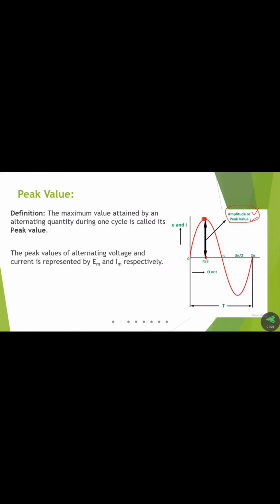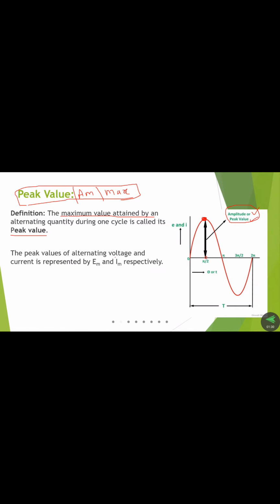For a simple definition, the maximum value attained by an alternating quantity during one half cycle is called a peak value. Confusing over peak value, amplitude or maximum value? These three are the same. There is no confusion.